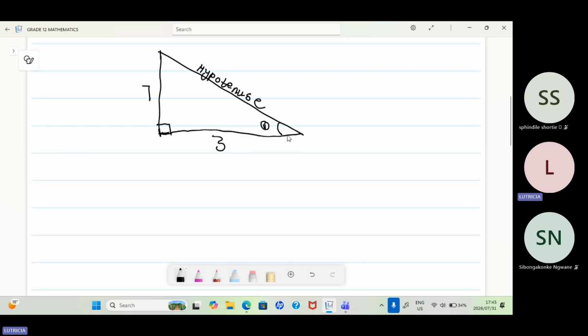So sine theta, okay, let's write our mnemonic again. SOH CAH TOA. So if we're to find the value of sine theta, we're gonna say sine theta is equal to, and then we look at the opposite side, like where the angle is facing. So the angle is facing that.